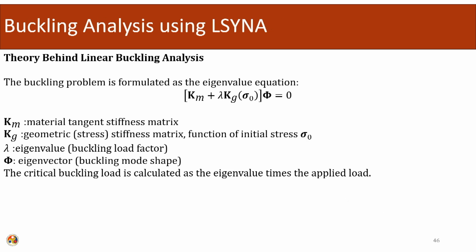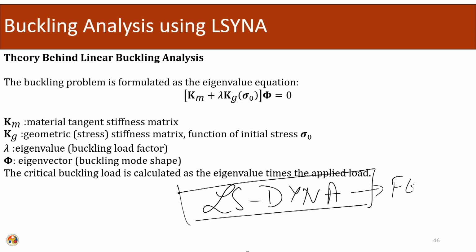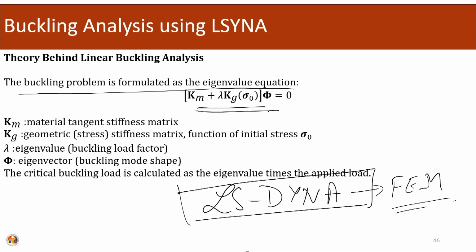So, now we are looking into the buckling analysis using a conventional finite element software. Here we are using a software named LS-DYNA. This is a conventional FEM software used for dynamic analysis. The buckling problem we are formulating in terms of the eigenvalue equations. Eigenvalue equations we know. So, now we are formulating this buckling problem in terms of the eigenvalue solution.